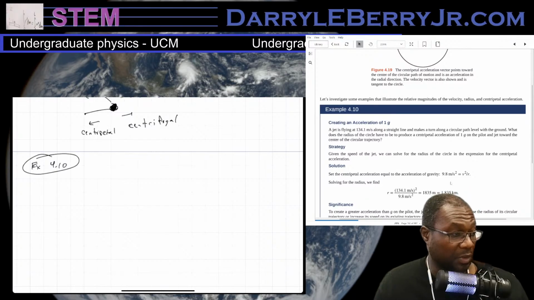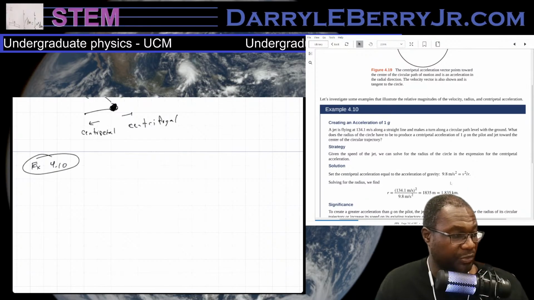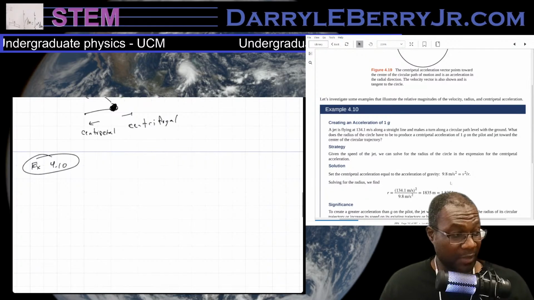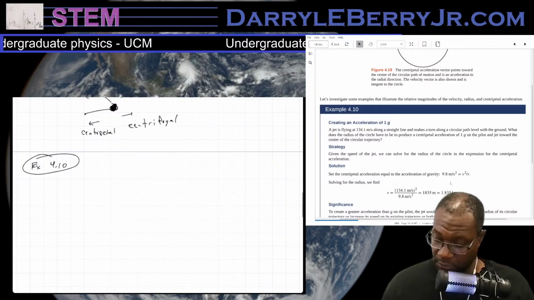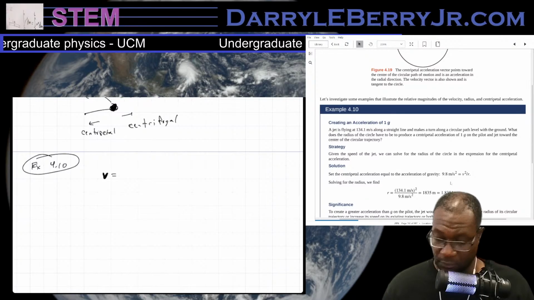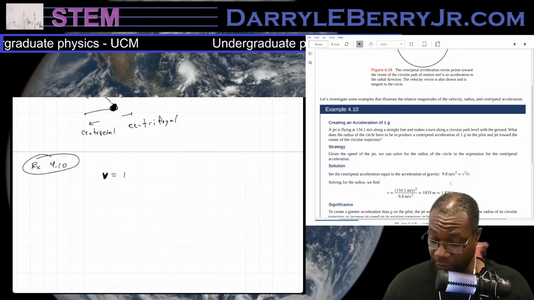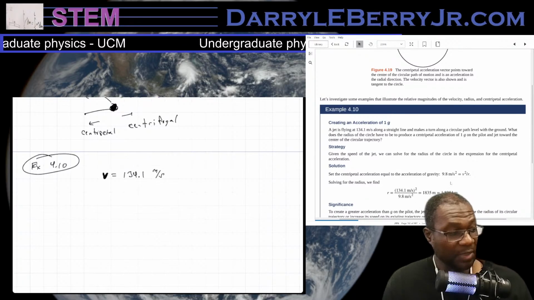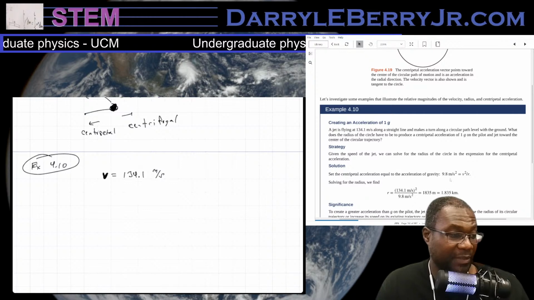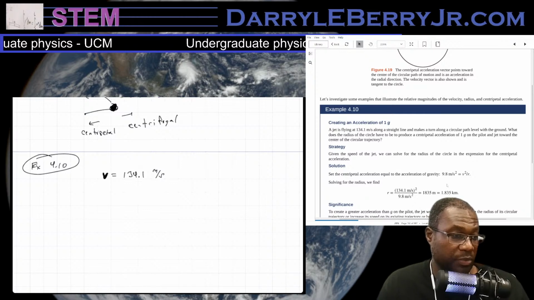So we have creating an acceleration of 1g. A jet is flying at 134.1 meters per second along a straight line, and makes a turn along a circular path level with the ground.